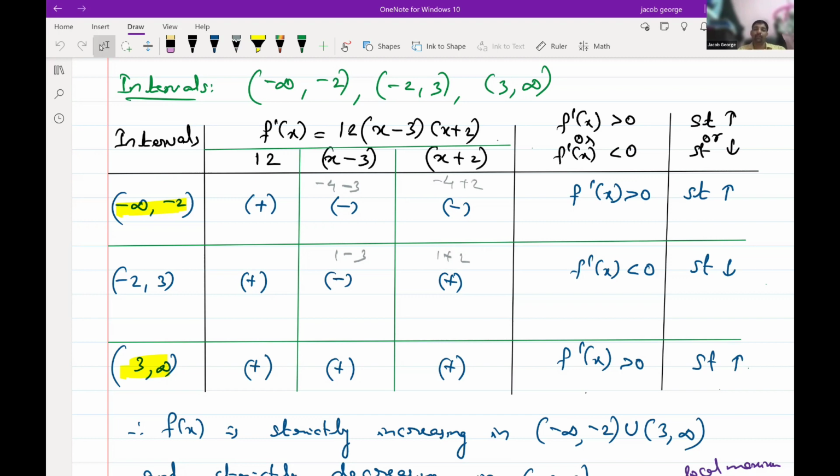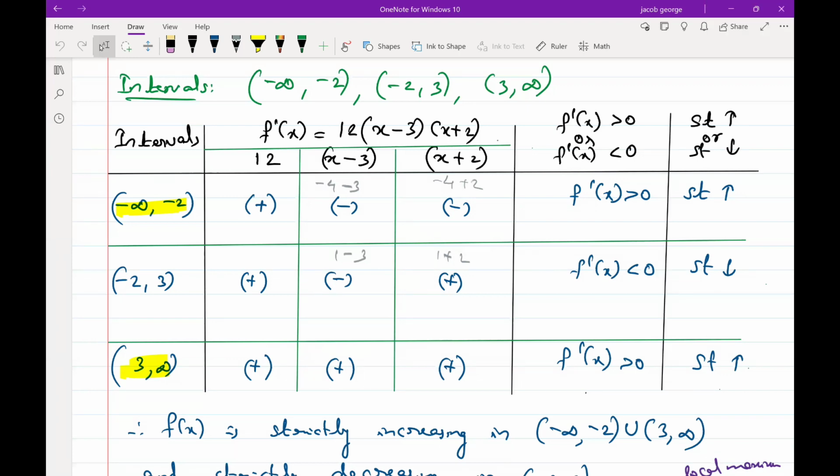That's the method of finding the sign of the factors. In x plus 2 also, I substituted -4, so that comes negative. Then the sign of f dash x is a product of these three. Plus into minus, into minus, it is positive. That is what is written. f dash x is greater than 0, so it is strictly increasing. Is it clear, children?